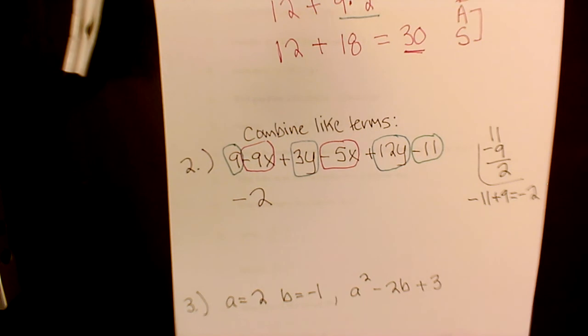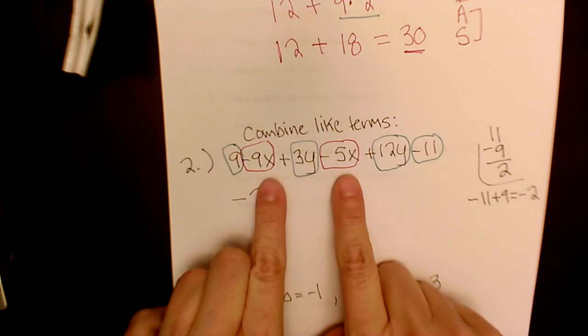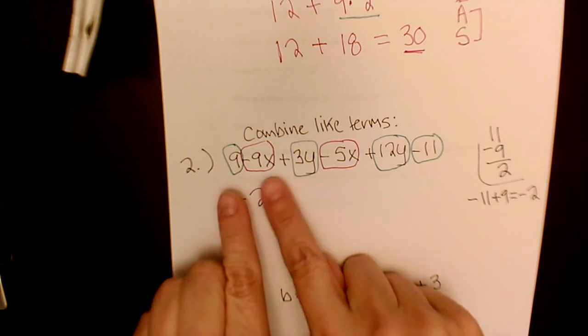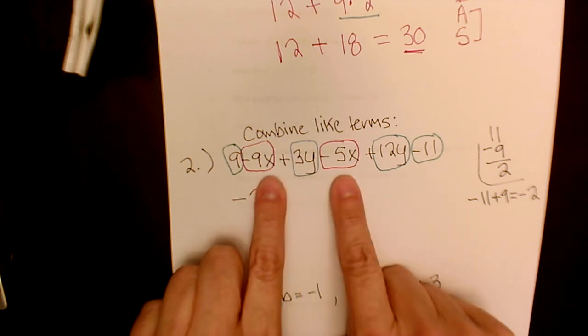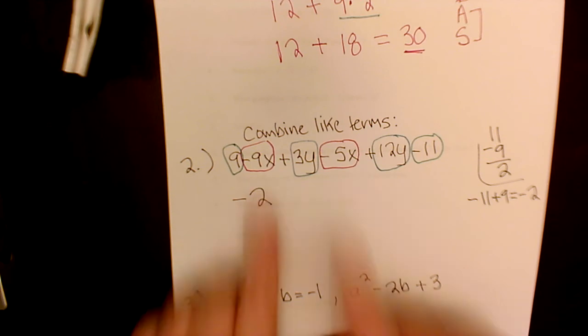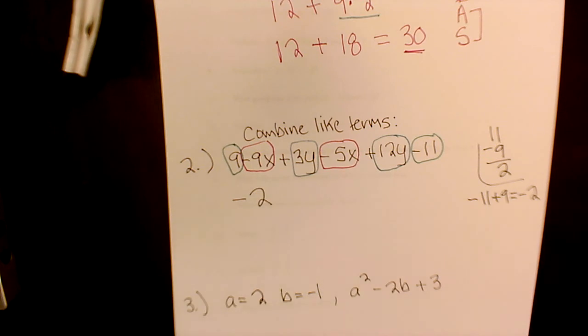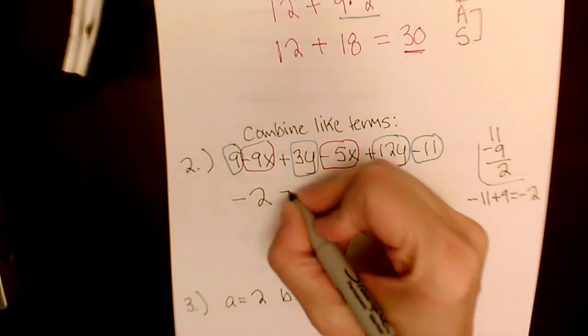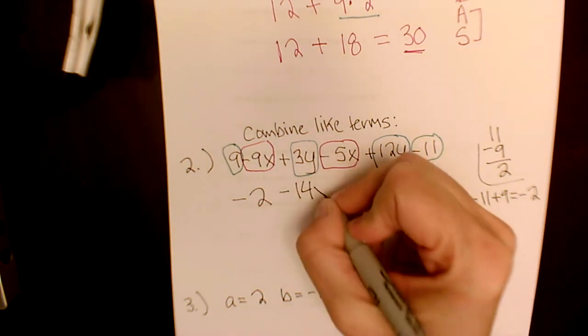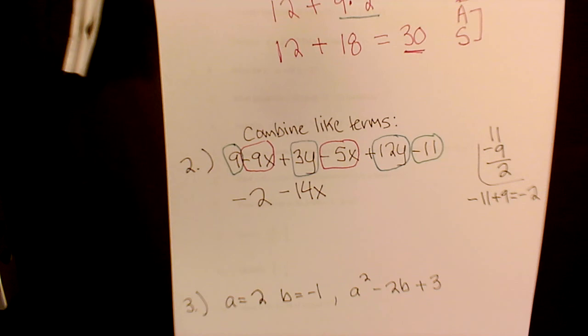You could have started with the x's or the y's, it doesn't matter, or the numbers. So I'm going to look next to my x's. I've got a negative 9 and a negative 5. And remember, when they're both negative, I add them together. So what's negative 9 and negative 5? A negative 14, and I bring along the x.